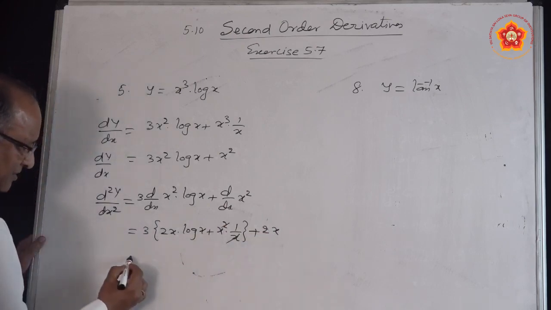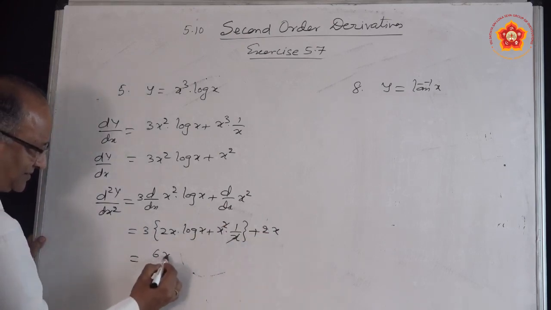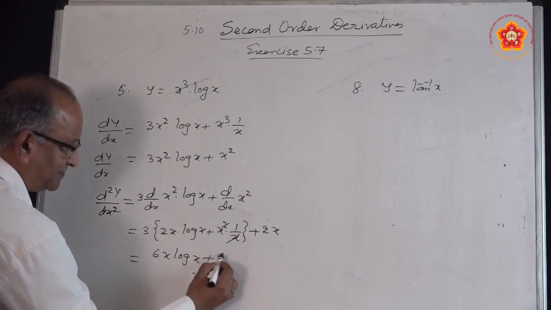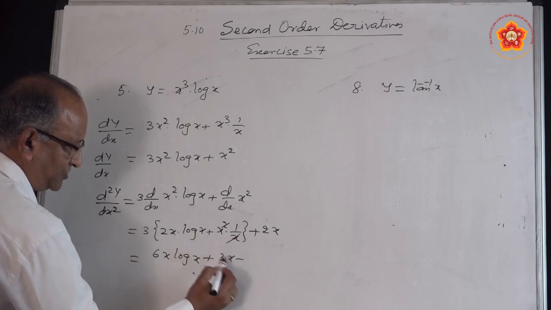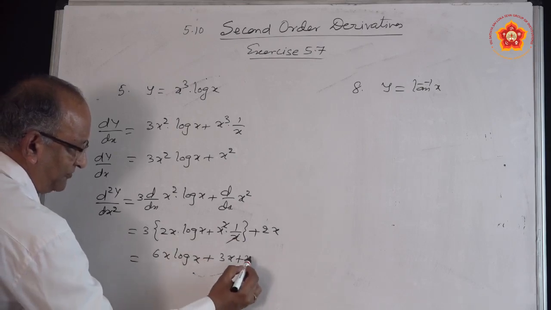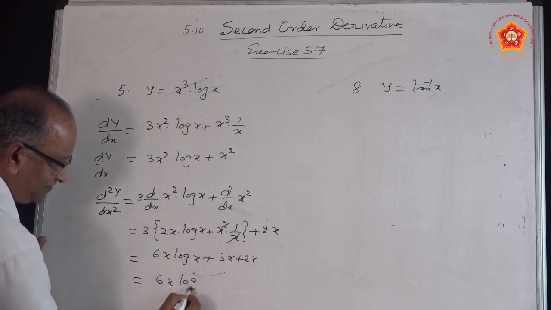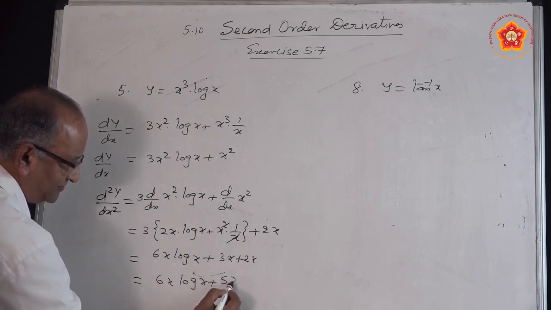Simplify this, open this, you will get 6x log x plus 3x plus 2x. So, if you add both of them, you get 6x log x plus 5x.